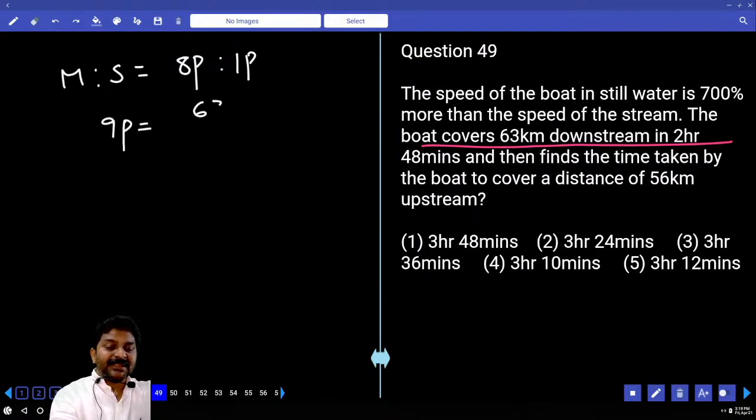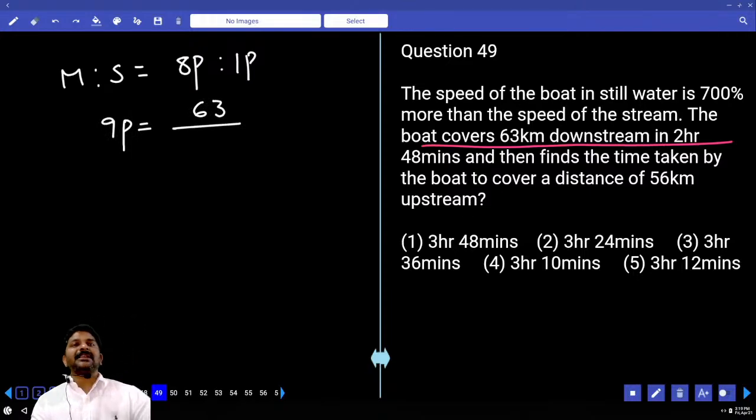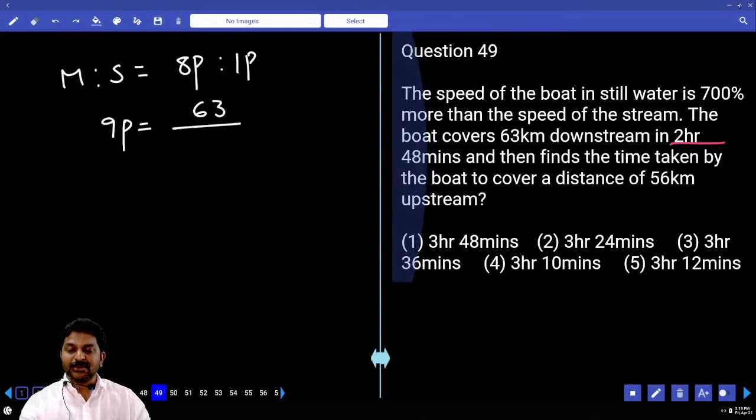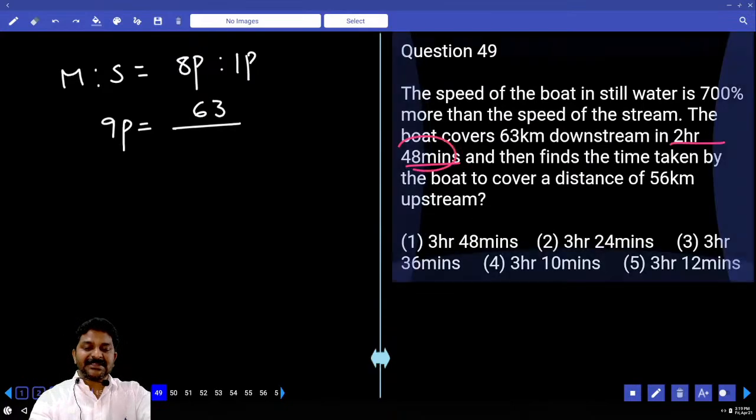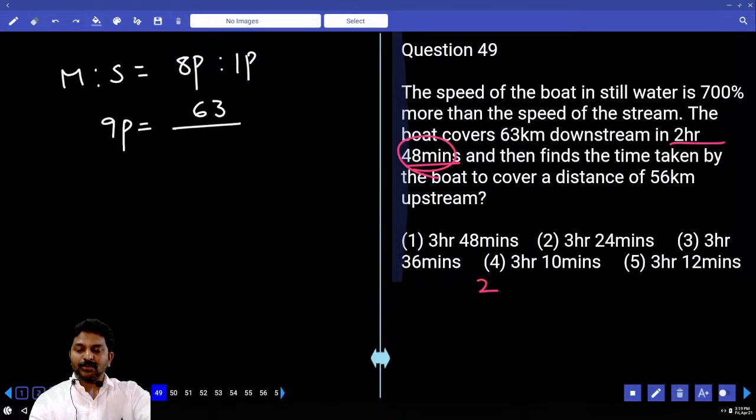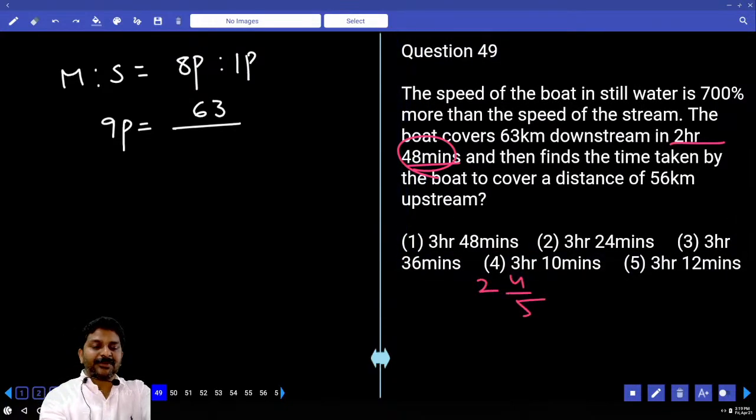Distance covered 63. Usually we'll convert it to 60 minutes, but our time mentioned here is 2 hours 48 minutes, which is not related. So that's the reason why I am directly using the formula with 2 hours 48 minutes. 48 minutes in the sense 4 by 5. 2 4/5 means 14 by 5. 5 comes to numerator. 7, 9 times. 7, 2 times.